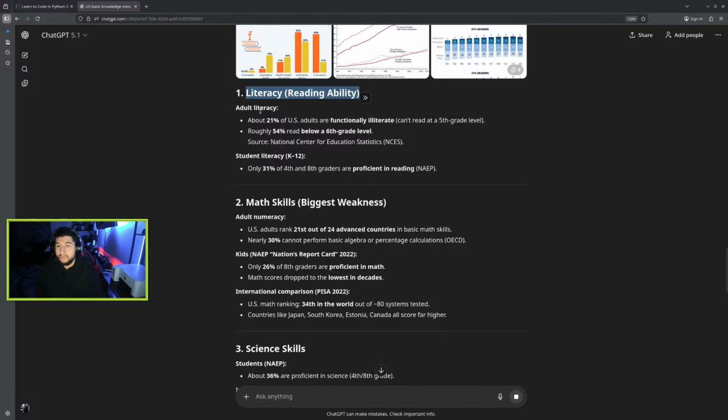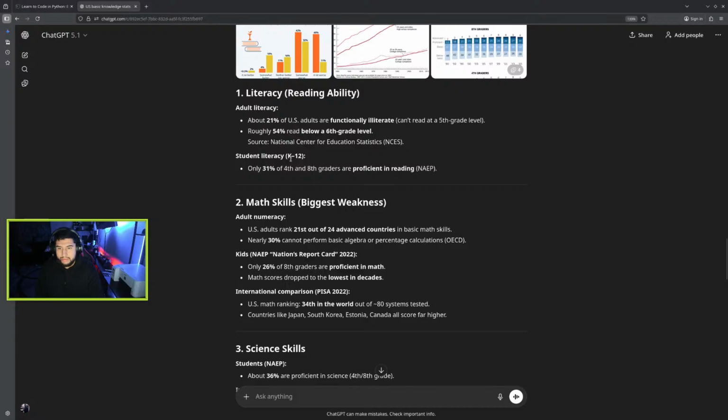Damn, adult literacy. About 21% of U.S. adults are functionally illiterate. That means they can't read at a fifth grade level. Oh shit! Roughly 54% read below a sixth grade level. Source: the National Center for Education Statistics, the NCES.